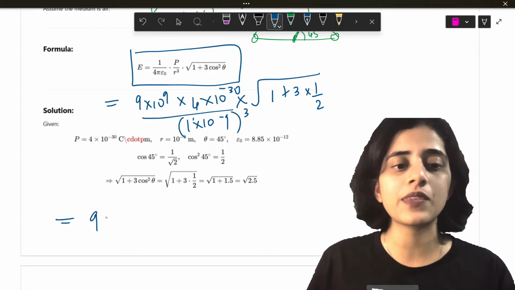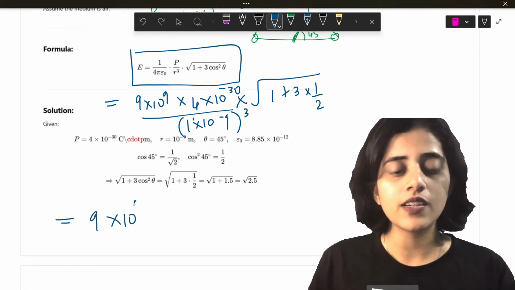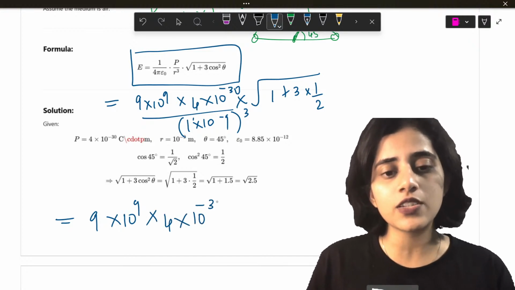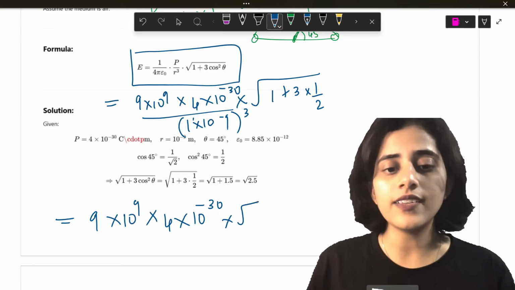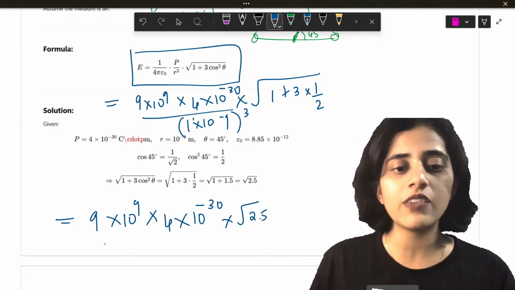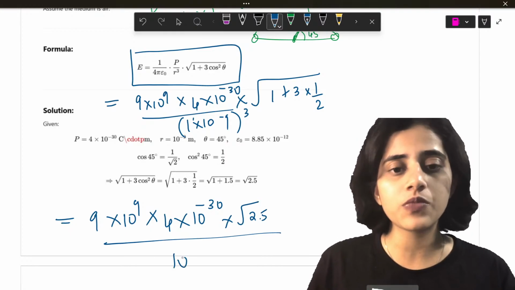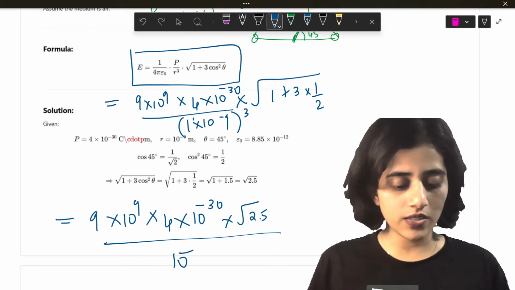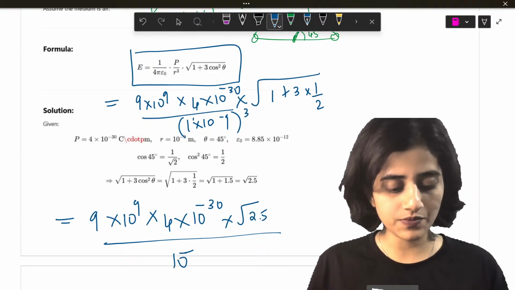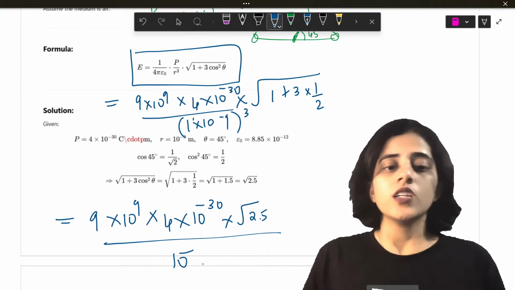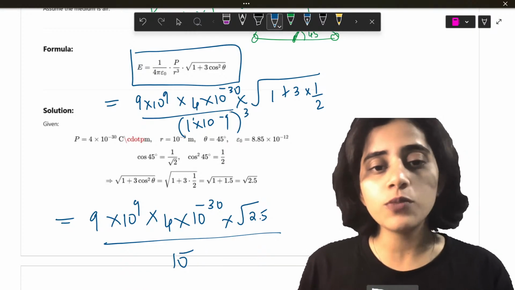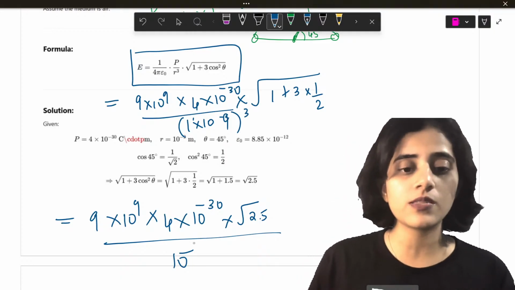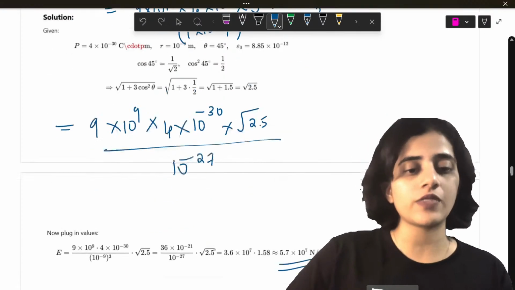I will do it. So 9 into 10 raised to 9 times 4 into 10 raised to minus 30 into square root of 2.5, the whole divided by 10 raised to minus 9 cube, which will be minus 9 into 3, which is minus 27.